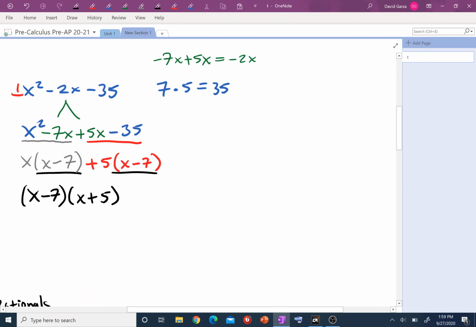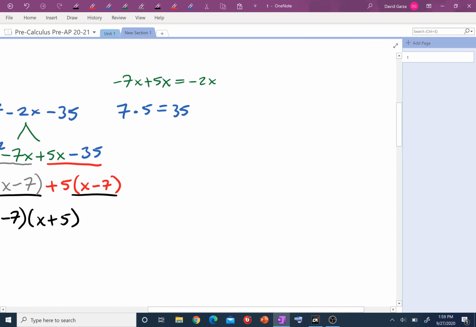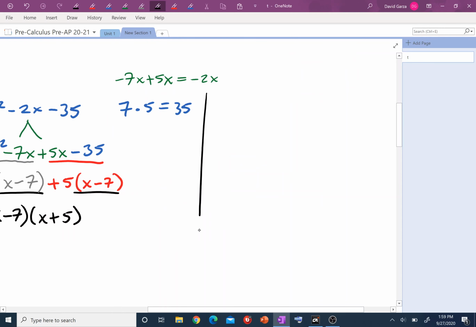And now we have the following one, which is x squared minus 15x, right? So I'm going to write it here. I guess in blue, well, red, I guess. So I have x squared minus 2x minus 30. Oh, that's the top one actually.